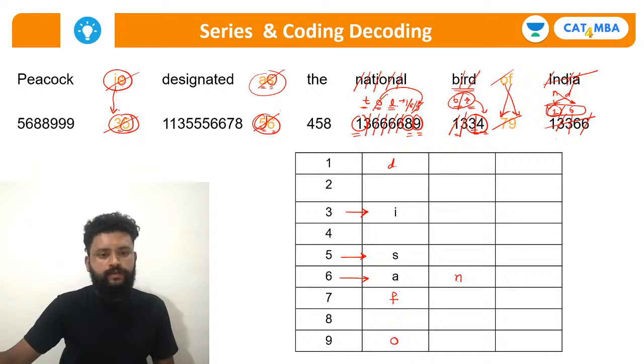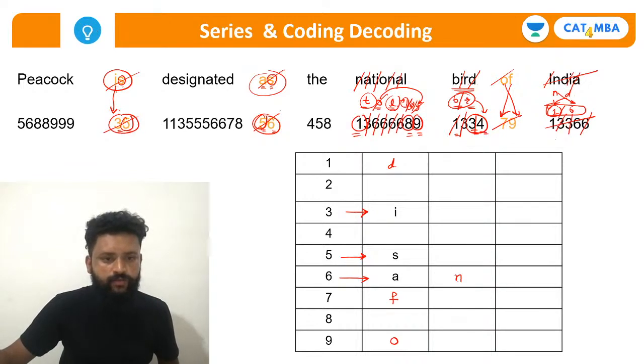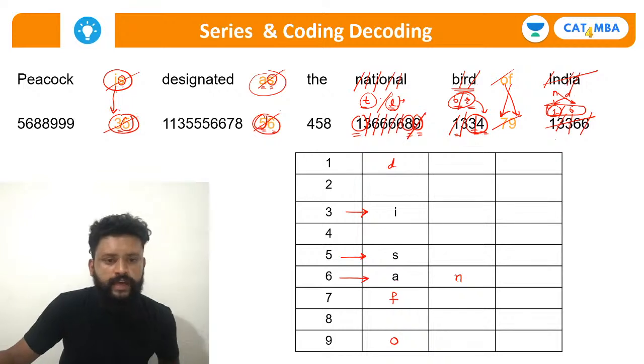Then for T and L, we have 1 and 8 left out. 9 is gone, O is gone.